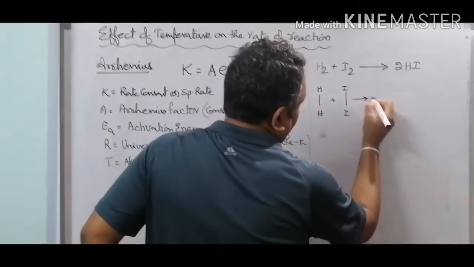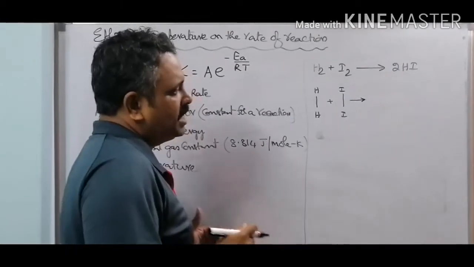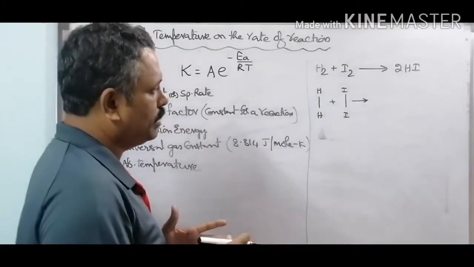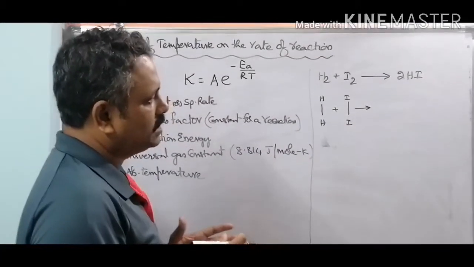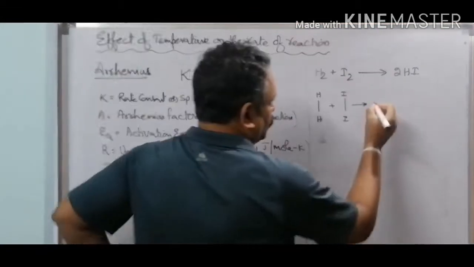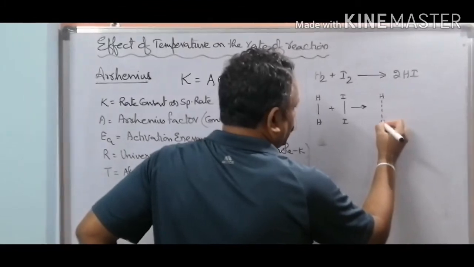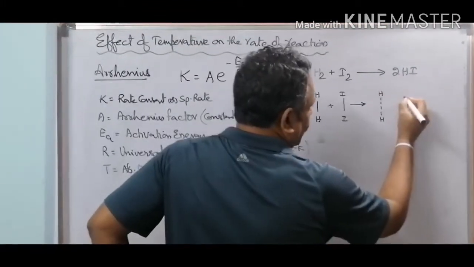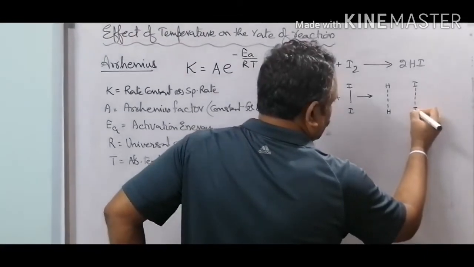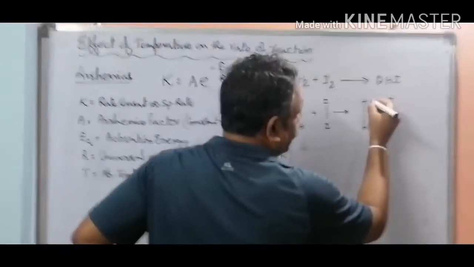When they react, they do not directly change into product. They reach an intermediate stage in which reactants and products both coexist, and such a stage is called an activated complex stage. So the bonds between the hydrogen atoms are breaking, as well as the bonds between the iodine atoms, and simultaneously the bonds between hydrogen and iodine are being formed.